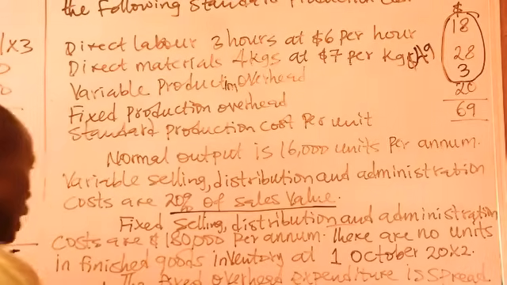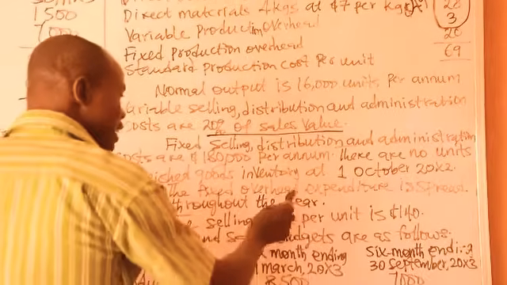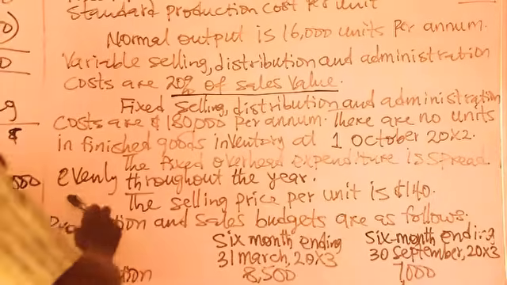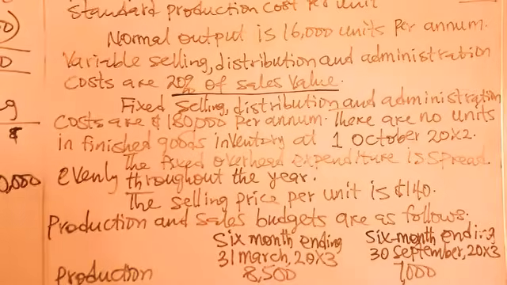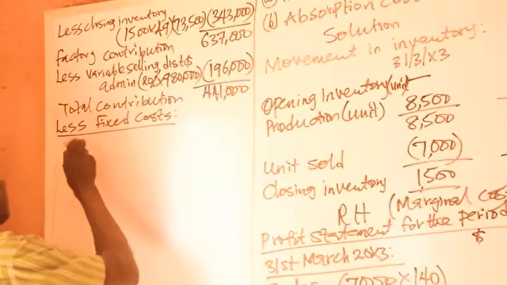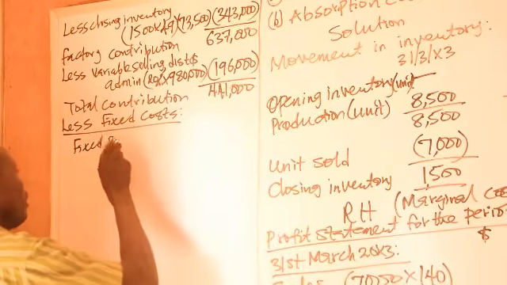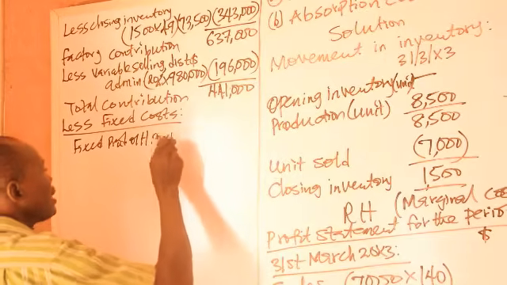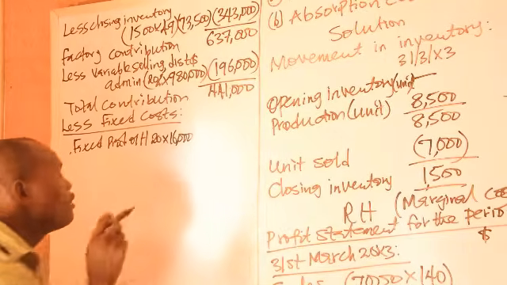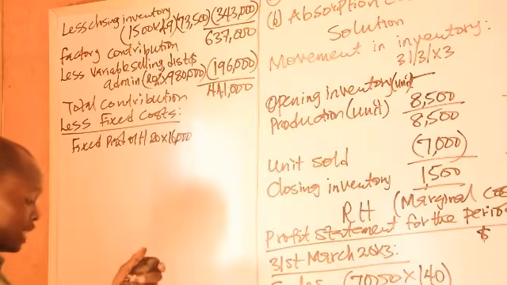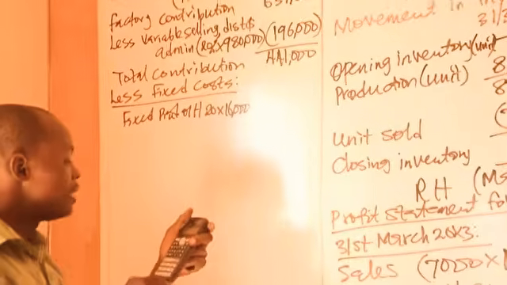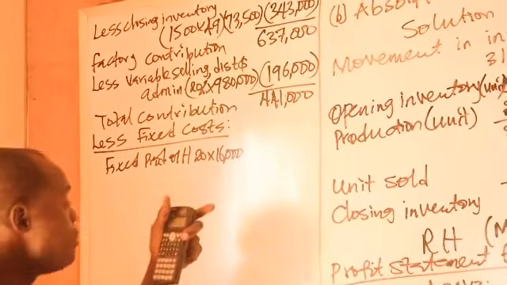But you have been told that the fixed overhead expenditure is spread evenly throughout the year. Since it is spread evenly throughout the year, you have fixed production overheads of $20 times that 16,000, which will give you 320,000 for the year.